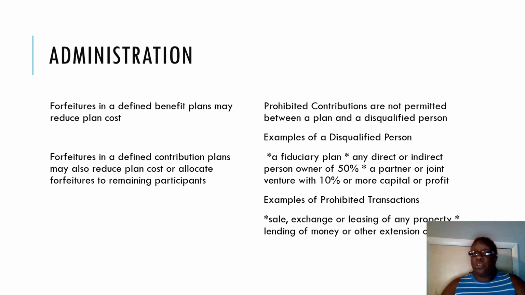The prohibited contributions are not permitted between a plan and a disqualified person. A disqualified person, for example, can be anyone with direct or indirect personal ownership of 50% of the company. Prohibited transactions: sales, exchange, or leasing of any property between plan parties.